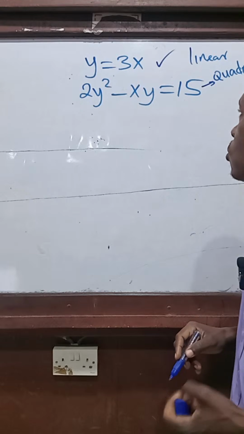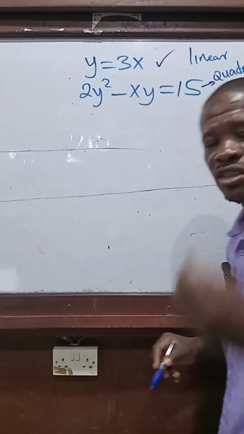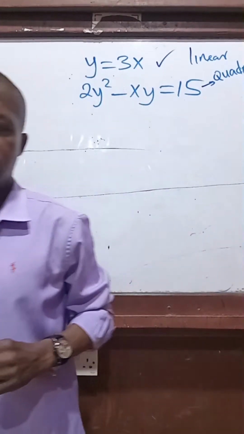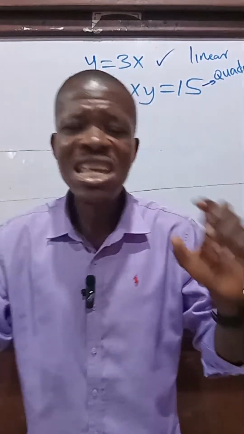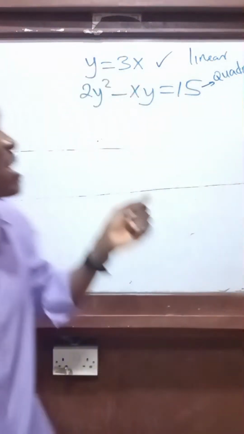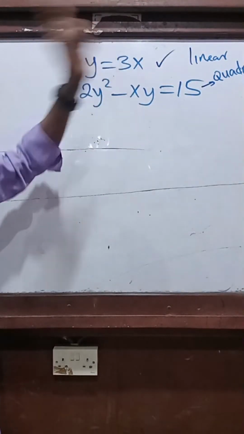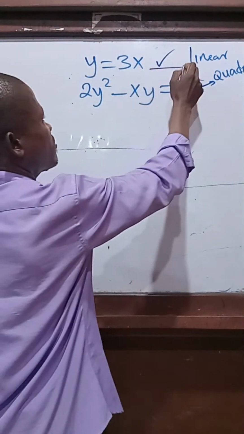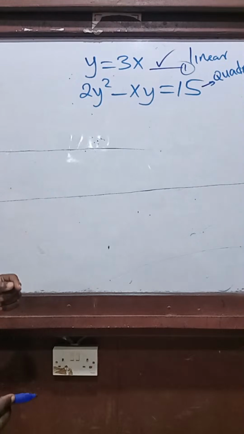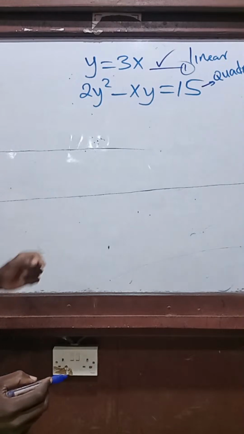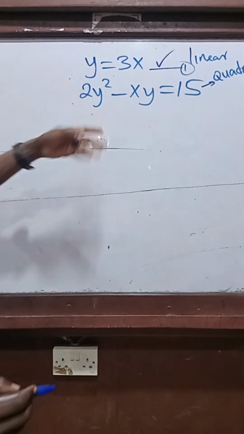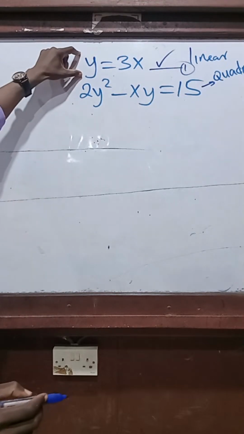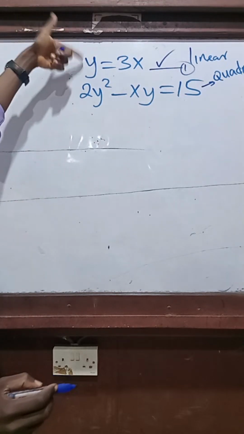Okay, what do we do? It is much easier to make another equation from 1. Call this one equation 1 for the linear, and actually they've already made an equation for us. You can use y equal to 3x.